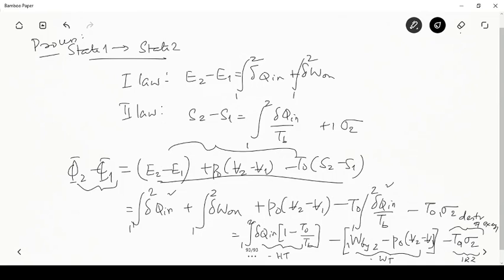So just like we did for open systems, the first law and second law expressions, if we try to define the exergy transfer accompanying a flow process, I am not going to go into the details of that. I would allow you to study it by yourself.